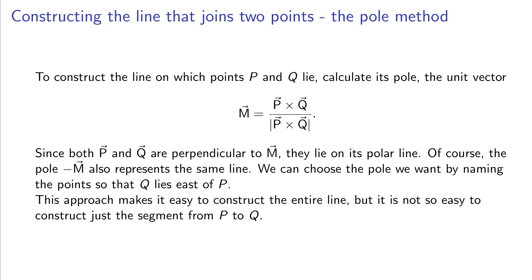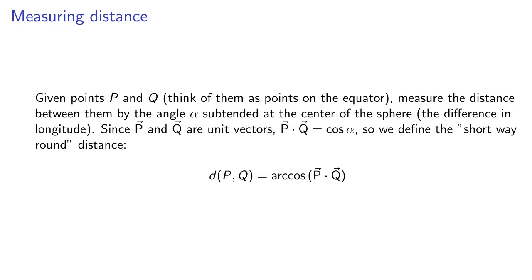The only problem is usually P cross Q is not a unit vector. Easy fix, we divide it by its own length. So this is a convenient way of constructing the entire line on which points P and Q lie. It's not a particularly good way of constructing just the segment from P to Q, which is what we're usually going to want to do. So here's a better way.